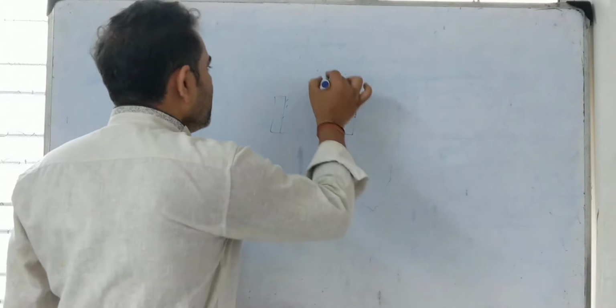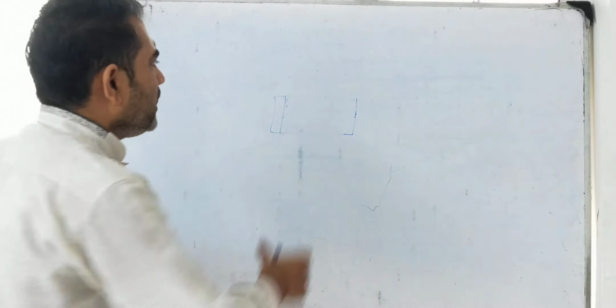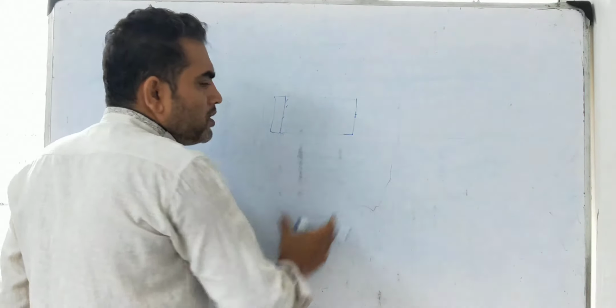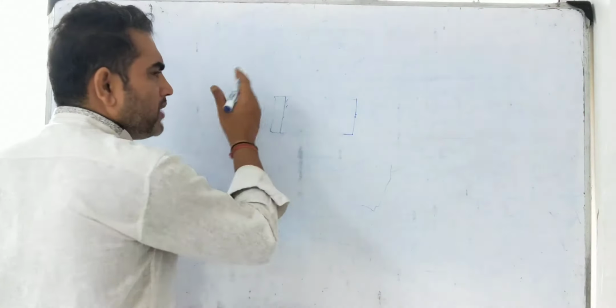My diagram is not so perfect, but it will be like a box. Suppose we have a shoe box or any kind of box. We remove the back portion of that box, and every other portion remains as it is.